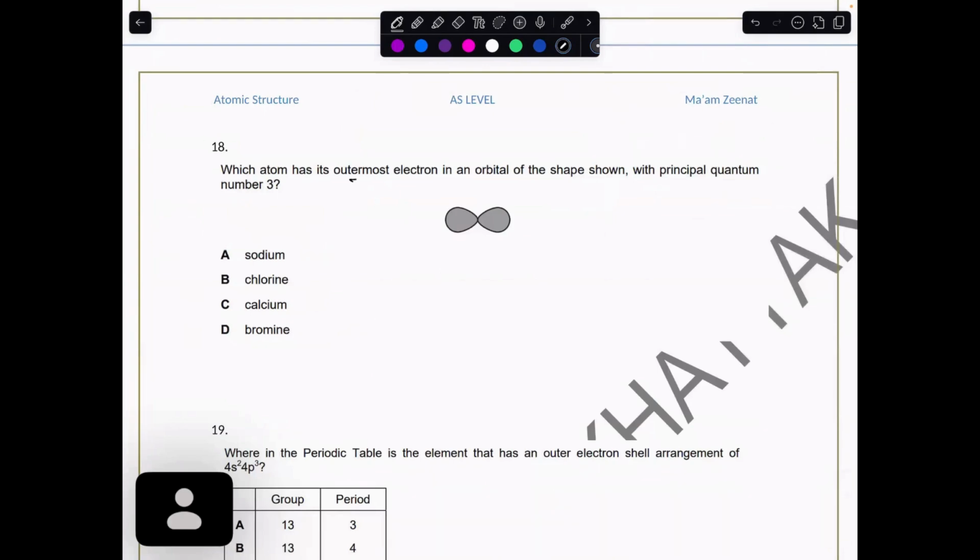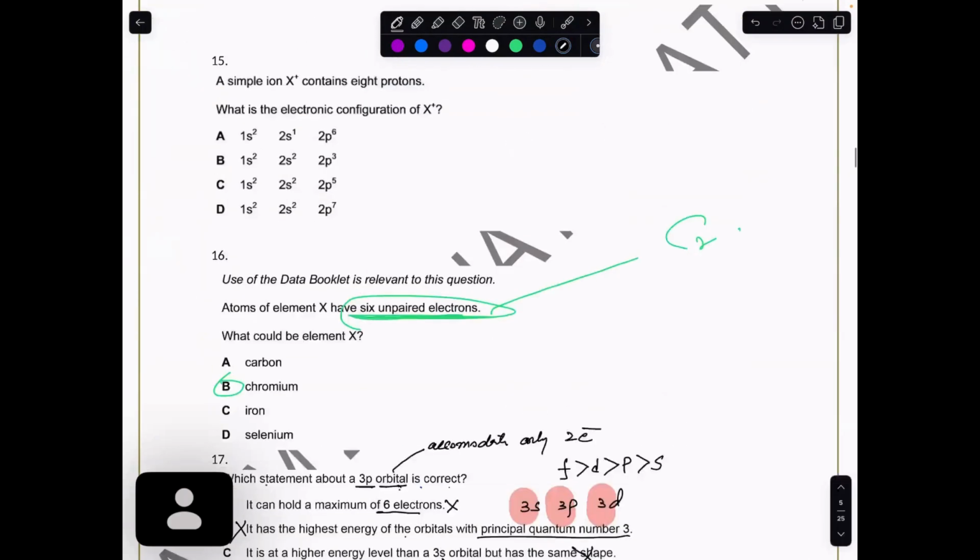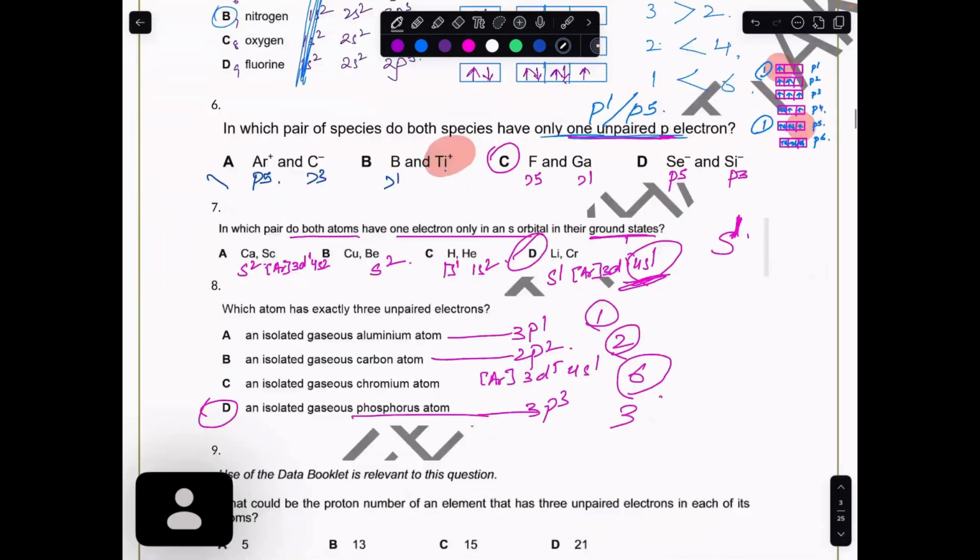Which atom has its outermost electron with the principal quantum number 3 and orbital p? So it's an electron in 3p. If I bring the periodic table down, look.